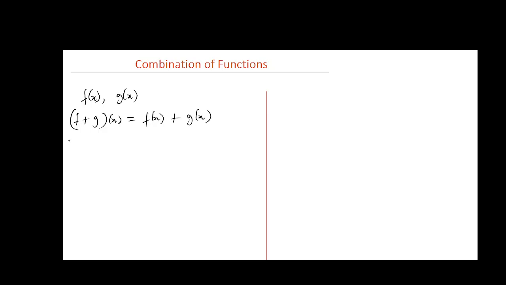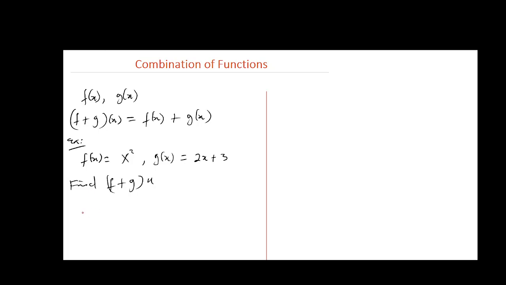Let's take for example that our f of x is equal to x squared and our g of x is equal to 2x plus 3. Find the sum of the functions, which is f plus g of x.